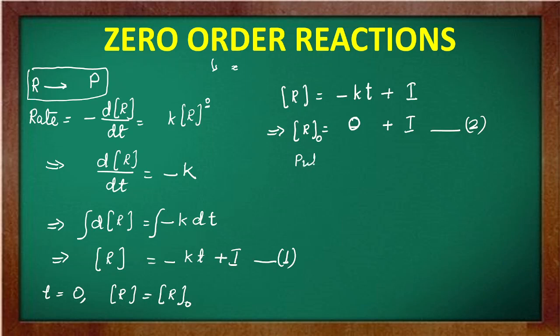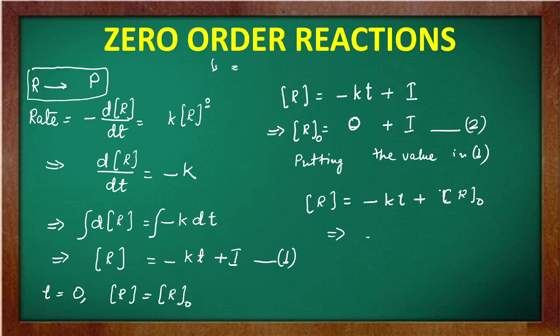Now putting the value in equation 1, what we will get, let us see. We will get [R] is equal to minus kt plus [R]0. Rearranging, you will get minus kt is equal to [R] minus [R]0.